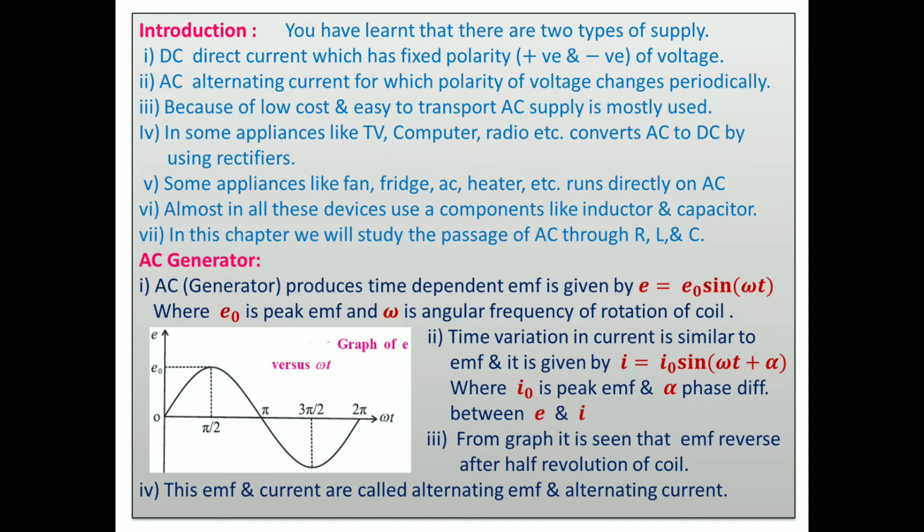Suppose you have a cell, then on that cell there is positive and negative written, and while inserting the cell in an electric appliance at home, suppose a watch, you see where the positive and negative terminals are. In the appliance, positive and negative are mentioned, and you insert the cell properly. If we insert the cell reversely, then it does not operate.